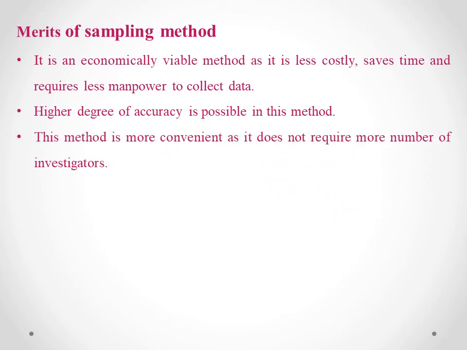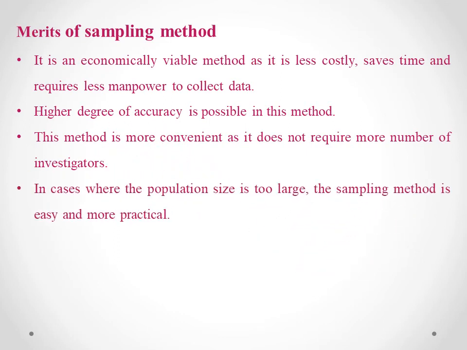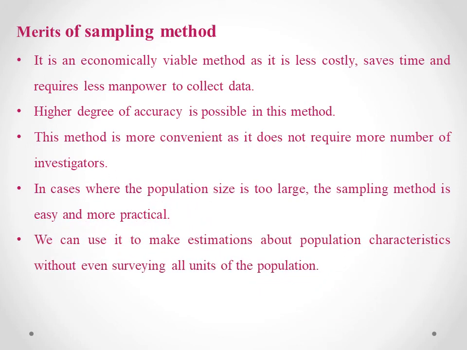It is more convenient as it does not require a large number of investigators. Where the population size is too large, the sampling method is easy and more practical. We can use it to make estimations about the population characteristics without even surveying all the units of the population.